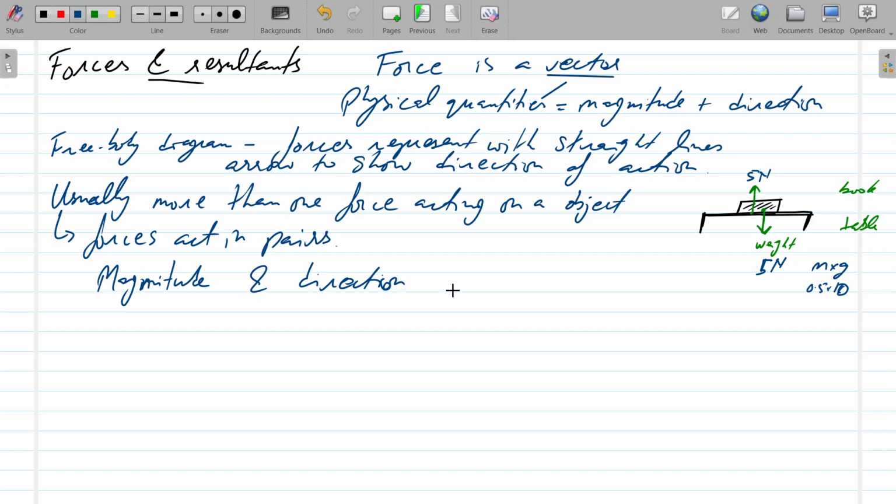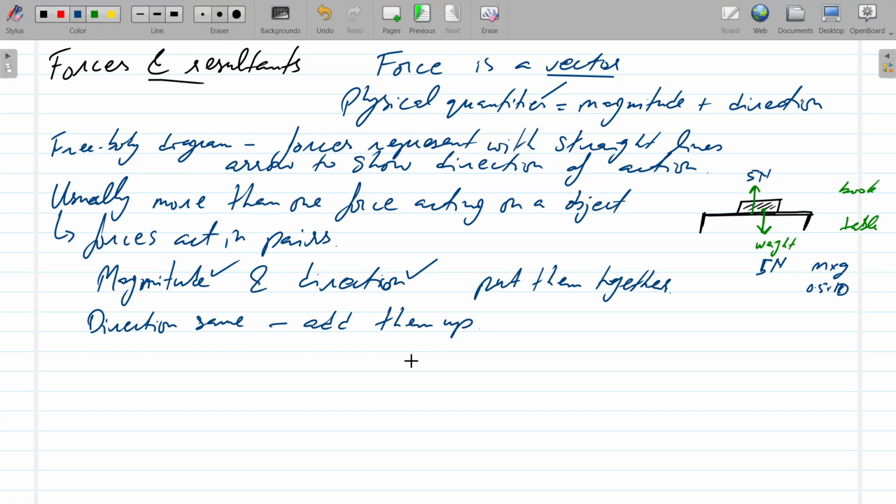And so what you do is you check the magnitude, you check the direction of a force, and you put them together. The way you do that is you see whether the direction is the same, and so you just add them up. And if the direction is different, then you have to subtract them or take the difference.